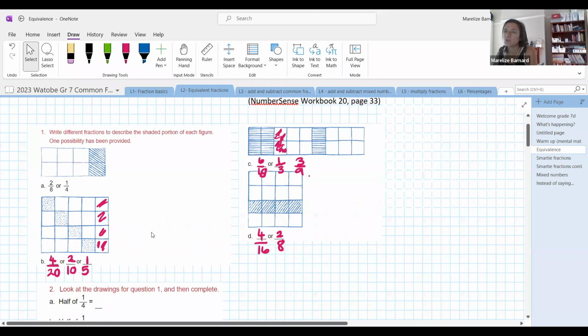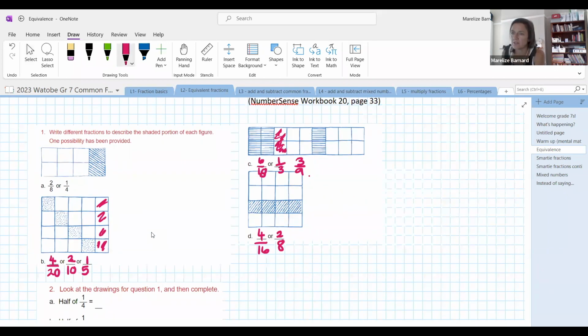So now we're going to look at our drawings and we're going to answer these questions. And I want you to think, what will half of a quarter be? What's half of a quarter? Look at the first diagram. That's where we had the quarters. So if we divided a quarter in half, so here's my quarter.